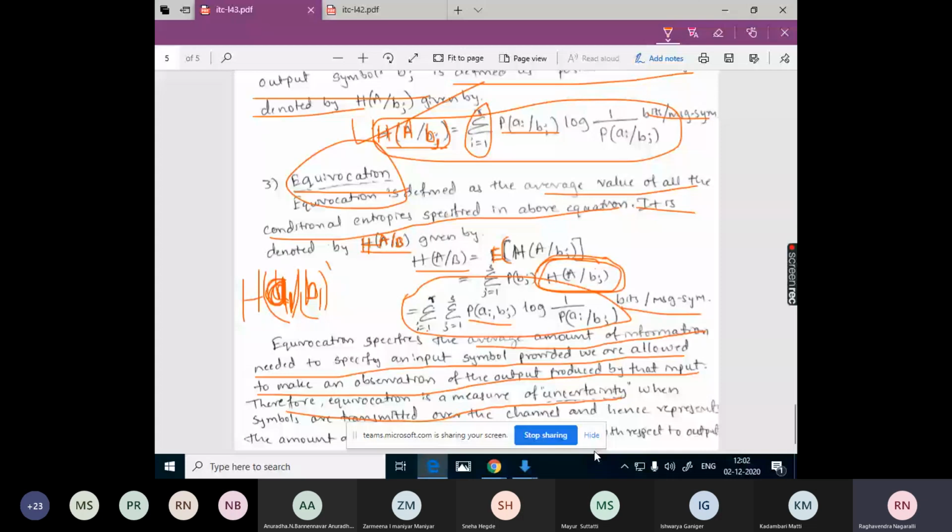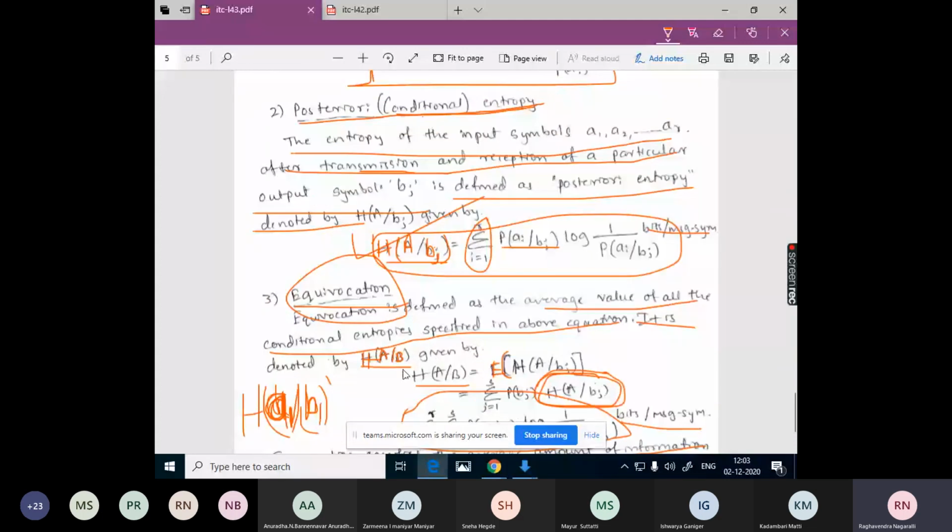When symbols are transmitted over the channel, what is the measure of uncertainty? That we can calculate using the equivocation equation. We will study a little bit more about this equivocation in the coming classes using an example.